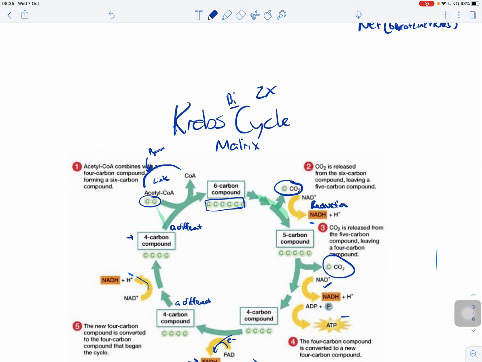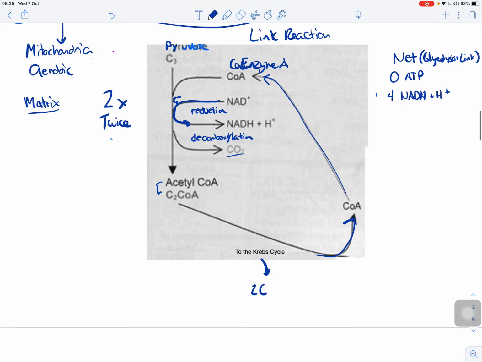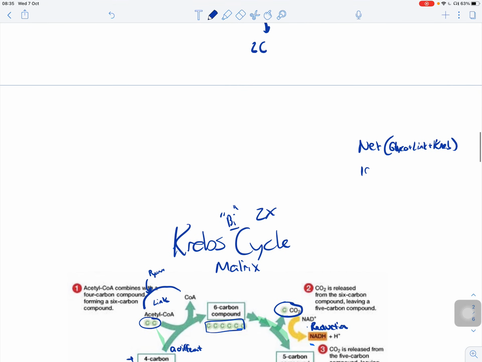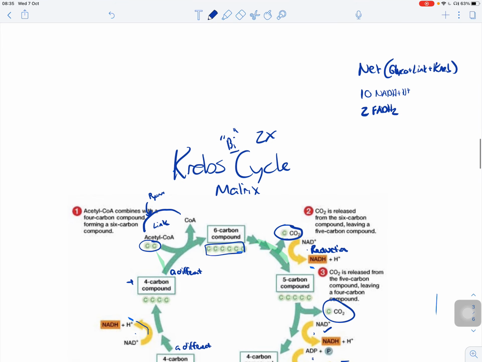Okay, so here we have 2, 4, 6. Okay, so we had 4 NADH here, so we have 10 NADH H plus ions. We have 2 FADH2 molecules and 2 ATP molecules. Okay.